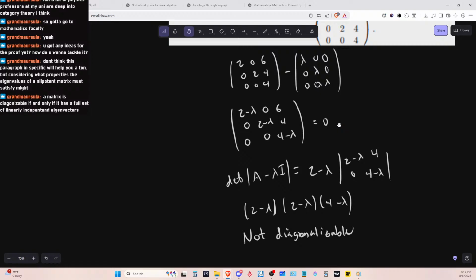can you just look at the matrix, and if the diagonal entries are all different numbers, does that mean it's diagonalizable?